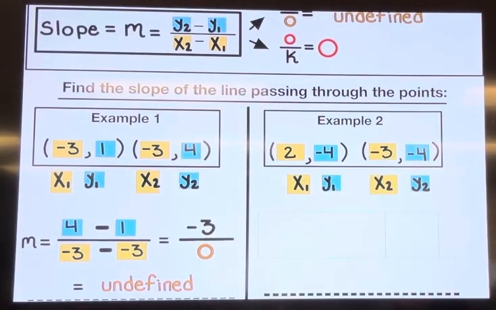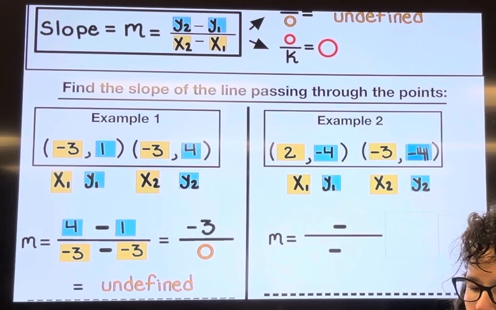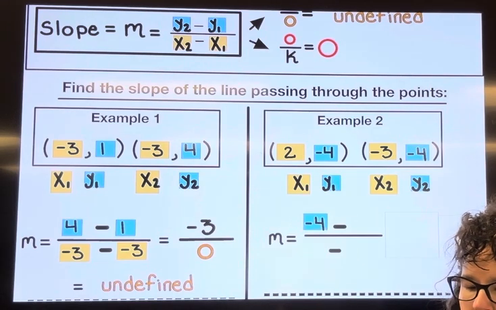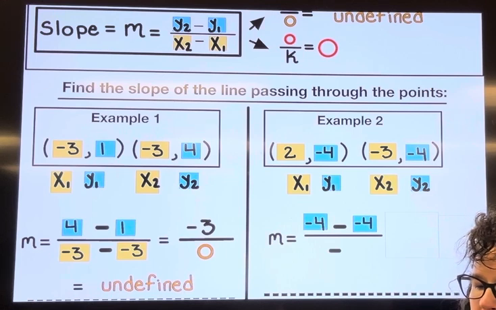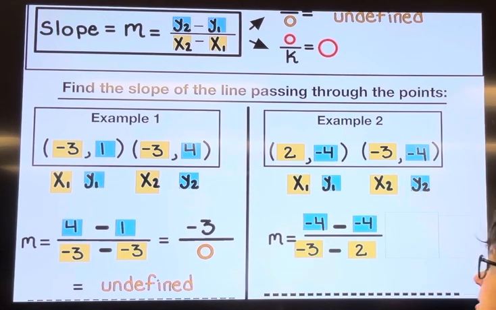Okay, in this particular one, we use our formula as our fallback plan. So let's subtract the y's. I have y sub 2 minus y sub 1 over my second x, x sub 2, minus x sub 1, my first x. Okay, do a little bit of simplifying there.